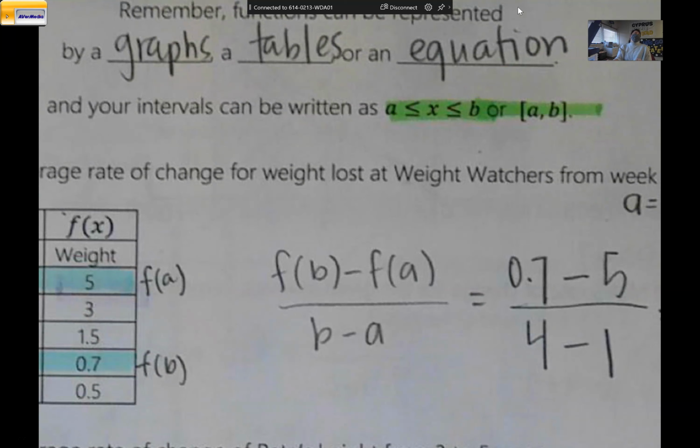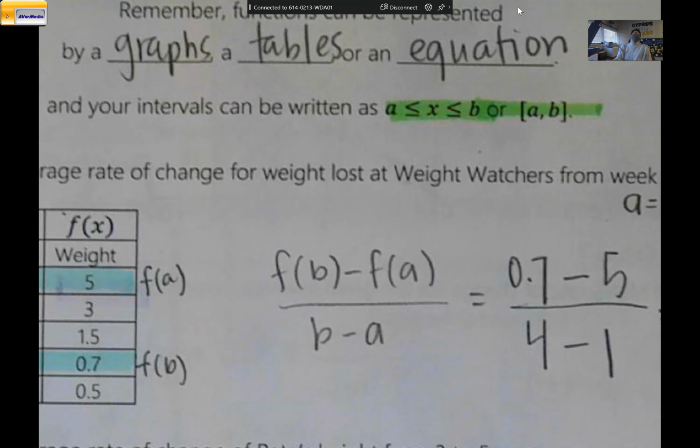So he looks kind of crazy right here, but really he's a lot easier than he looks. So this is the same thing as rise over run.